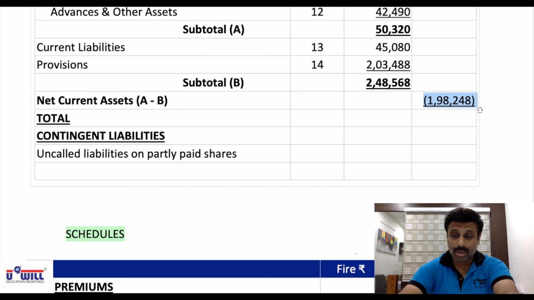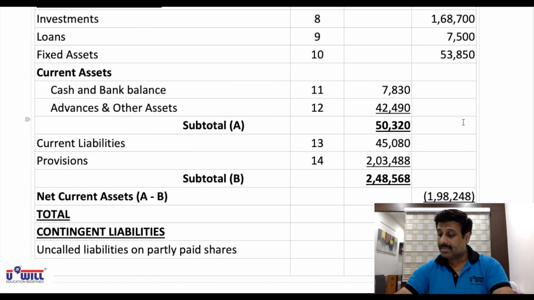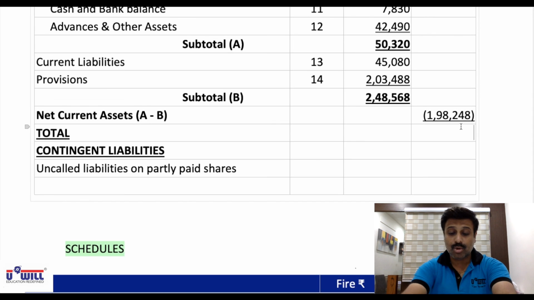And now we can do the total of application of funds. So 168,700 plus 7,500 plus 53,850 plus minus, in fact, minus 198,248. You all can see 31,802.